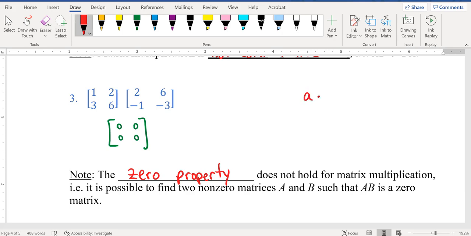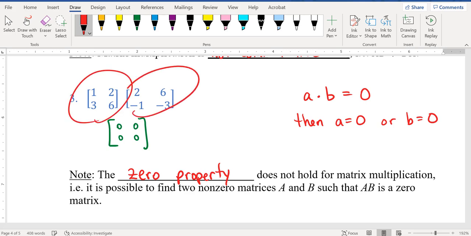That if you had A times B and it equaled 0, then either A equals 0 or B equals 0. That's not true with matrices. In other words, it is possible to find two non-zero matrices such that their product is a 0 matrix.